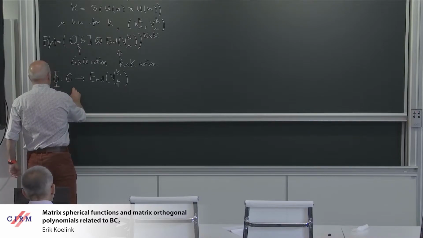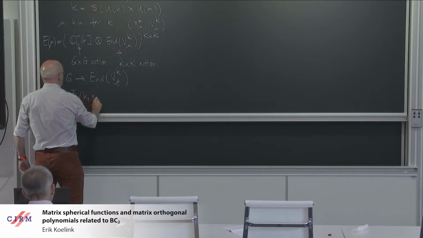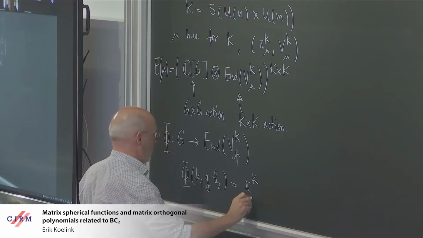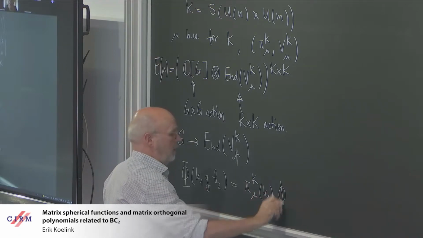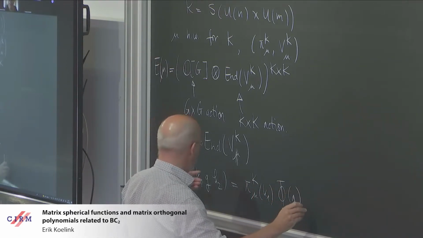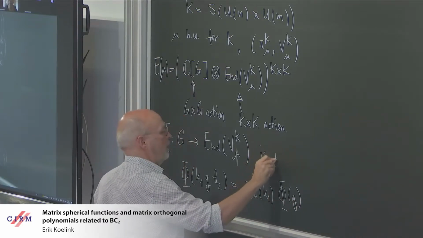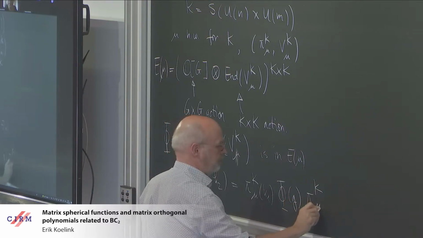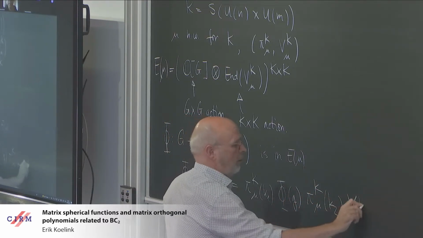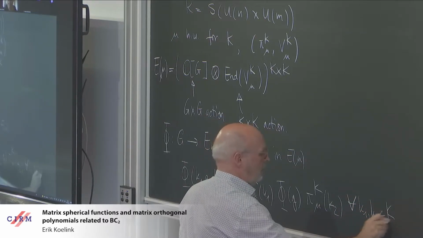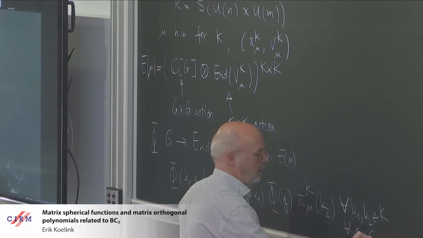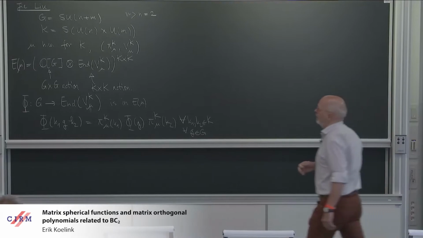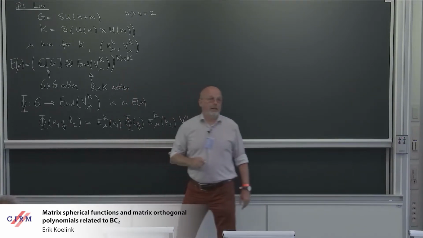That invariance means that if you work out what it means, then you get that this function, capital phi, is an element of E mu if it has this transformation behavior for all the k's in K, and for all the g's in G. So that is the transformation behavior that is imposed by the fact that we want this to be invariant under the K times K action.